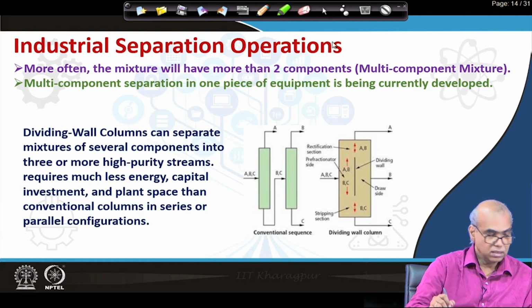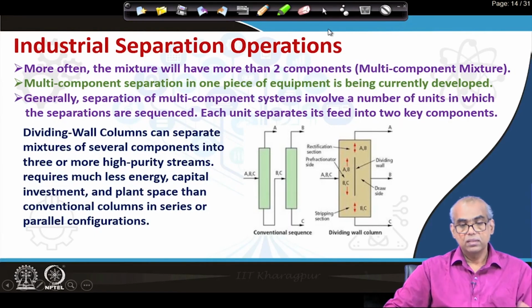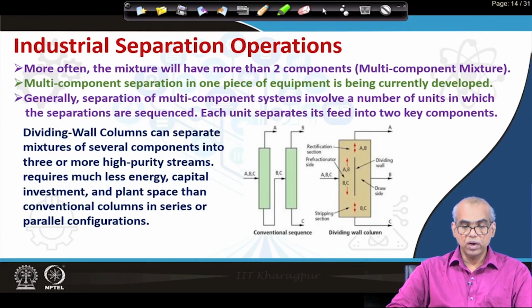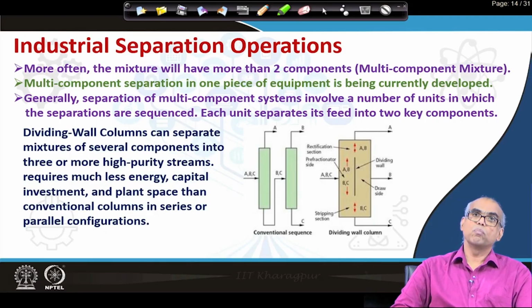but more commonly the current separation of multi-component systems involves a number of units in which the separations are sequenced. Each unit separates its feed into two components.